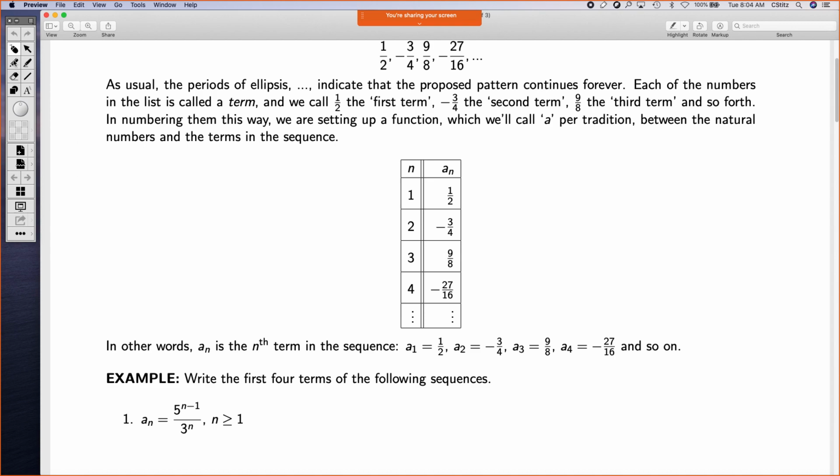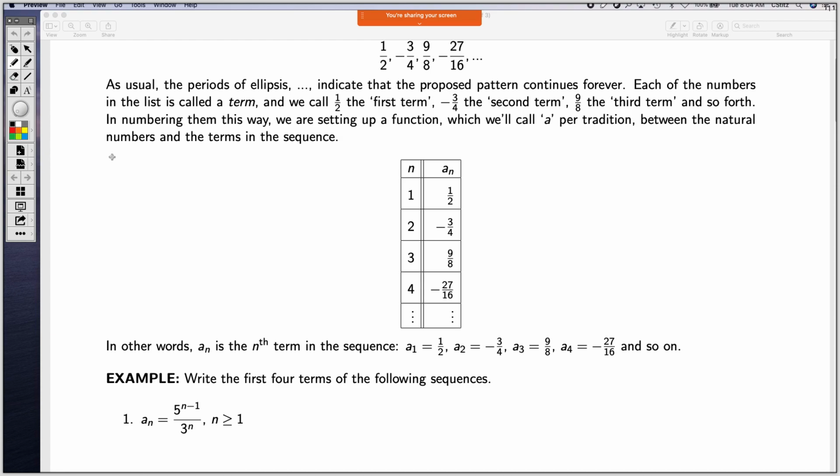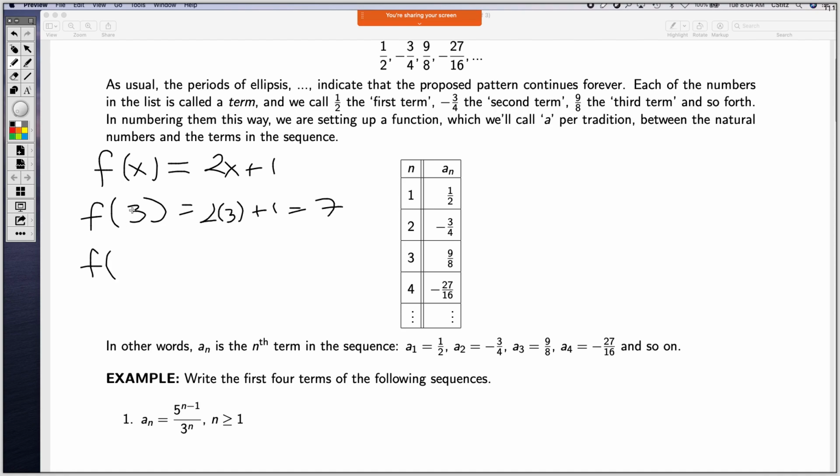Okay. So instead of having a function, like we've done before, like f of x equals 2x plus 1, where x can take on any real number, so x could be a whole number like 3, or x could be some crazy irrational number like -√2.